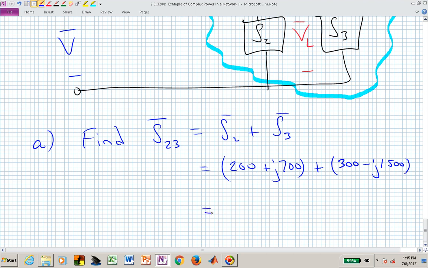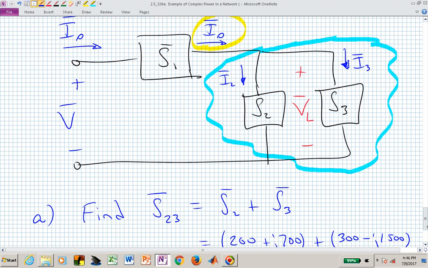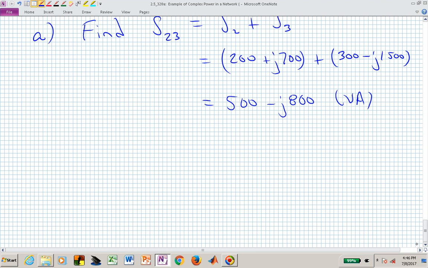Or we now have the complex power combination of loads 2 and 3 is now 500 minus j800 volt amperes. Now that we have that, we can use our complex power formula.